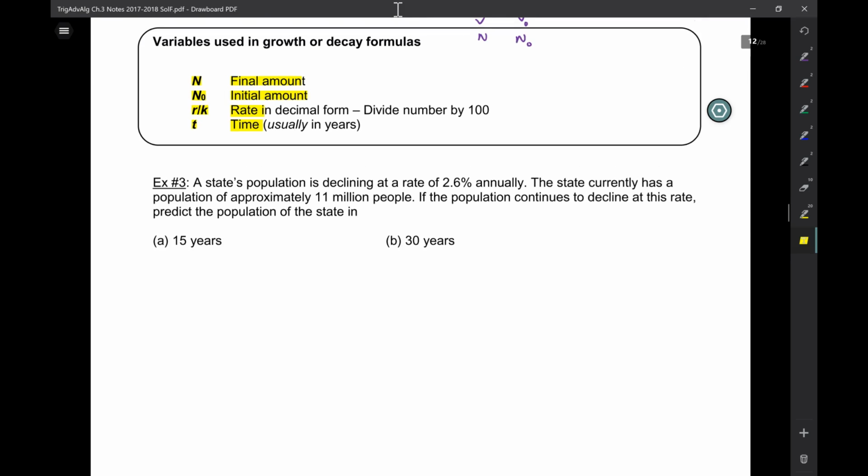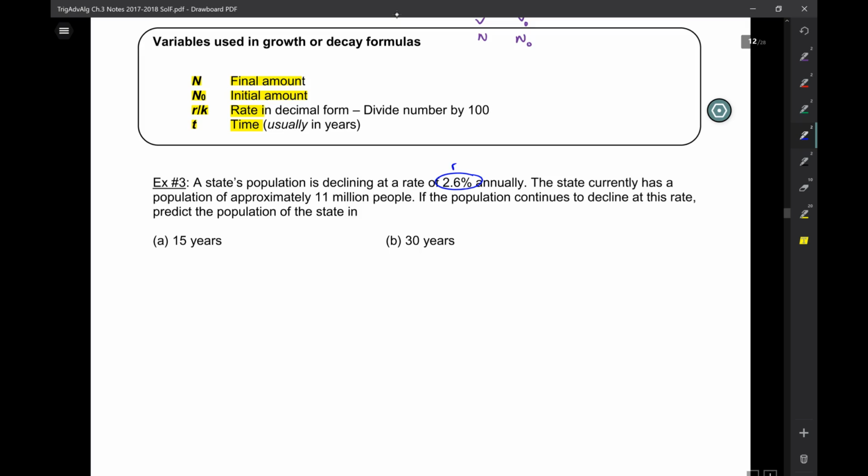All right, so a state's population is declining at a rate of 2.6% annually. Okay? They closed Disneyland and everybody's moving out of California, whatever. So here's one piece of information: 2.6% annually.